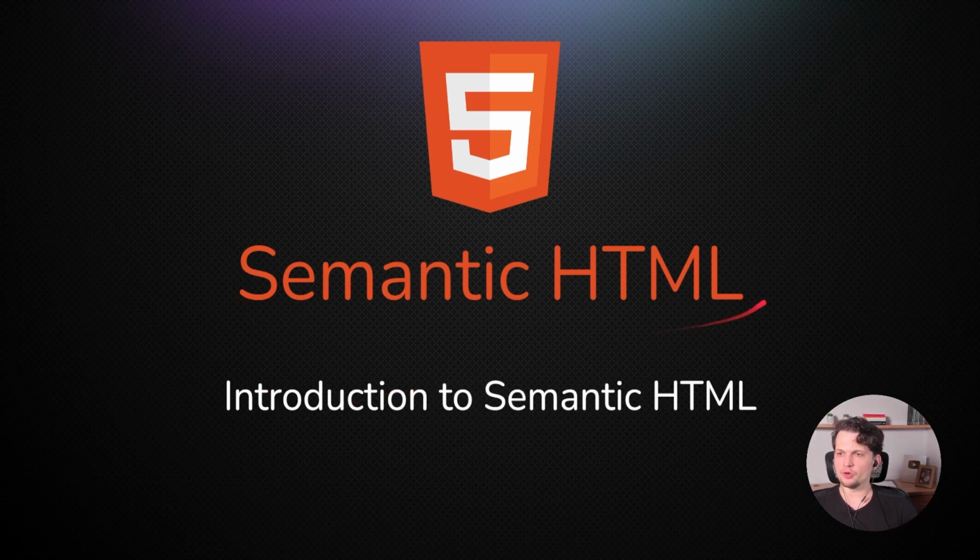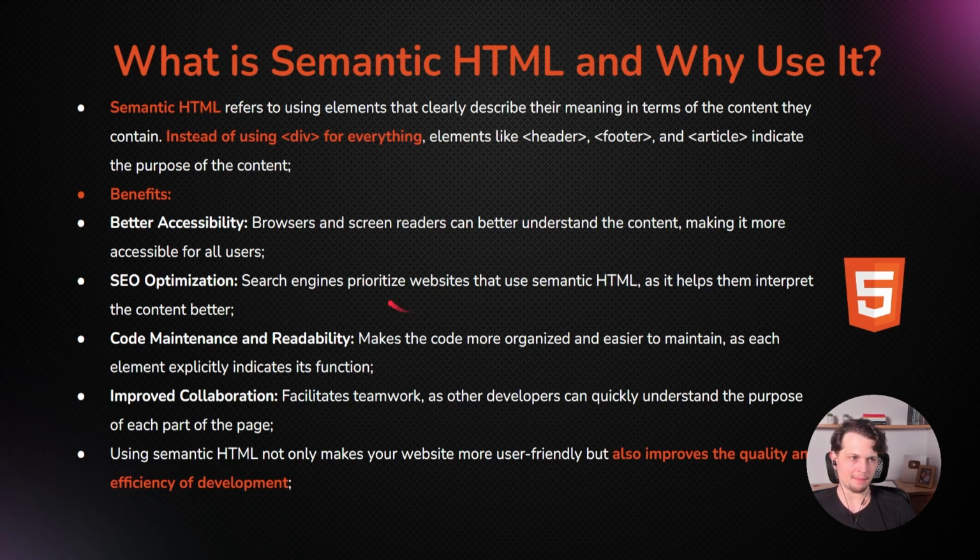Okay, so I have here some theory about the semantic HTML, and after that we're going to practice all these subjects in practice. Okay, so semantic HTML refers to using elements that clearly describe their meaning in terms of the content they contain. So in the past we had to use div for every container.